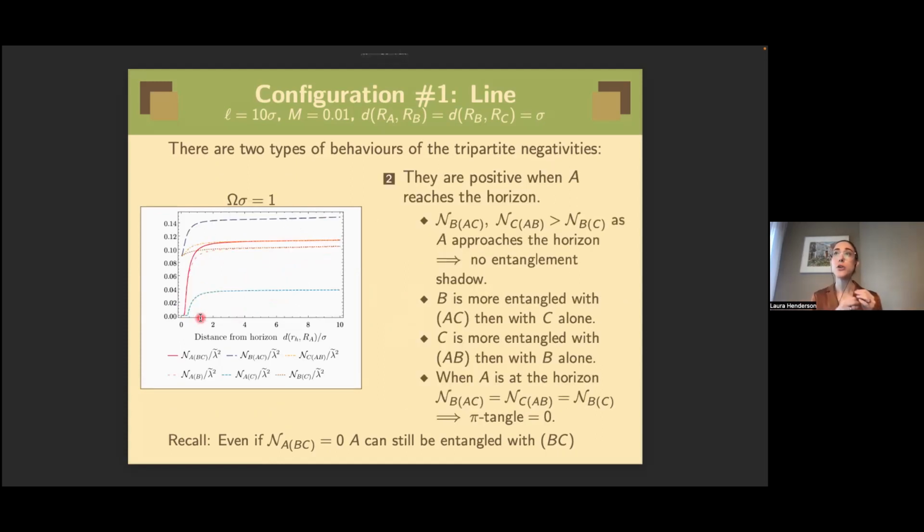In the case where you don't appear to have an entanglement shadow at all, you actually have the tripartite negativities staying positive even as A approaches the horizon. It's only when A is at the horizon that it's removed from the system, and the negativity of B with AC and C with AB is equal to just B with C. And at that point, your pi tangle is 0.